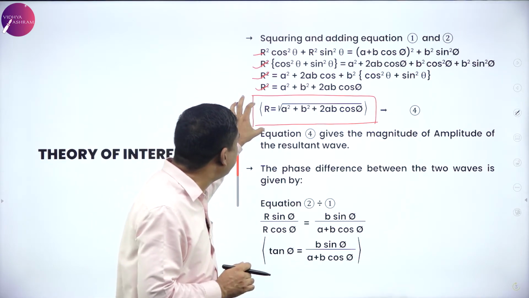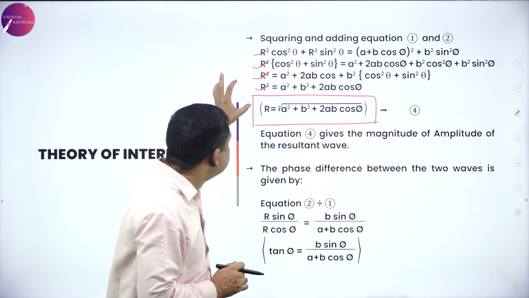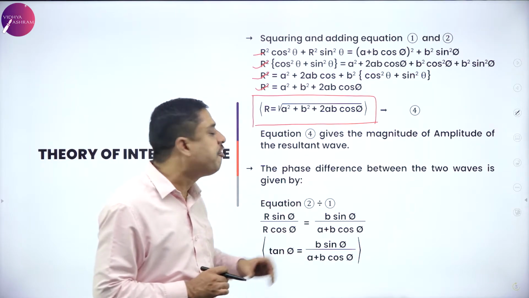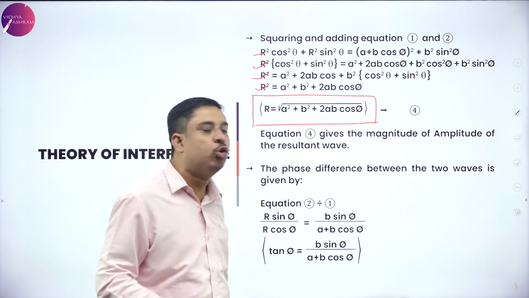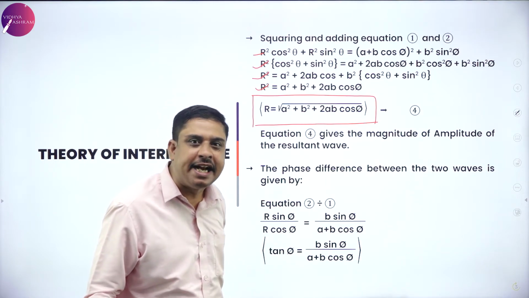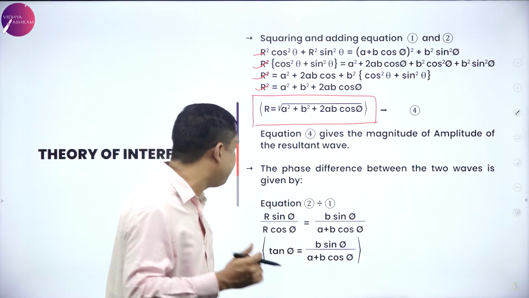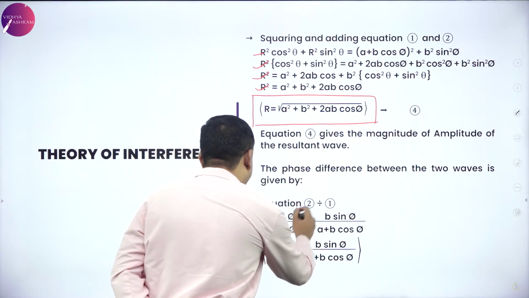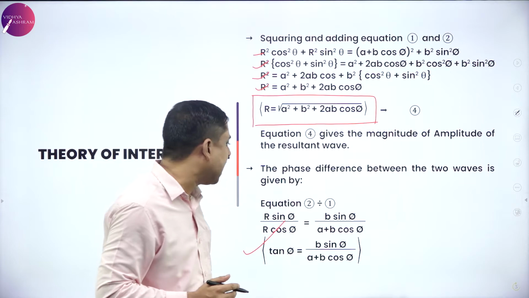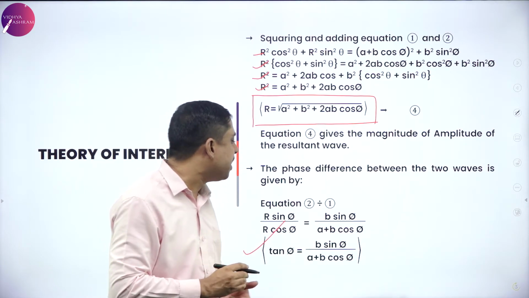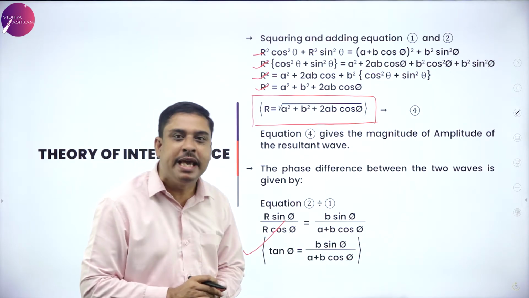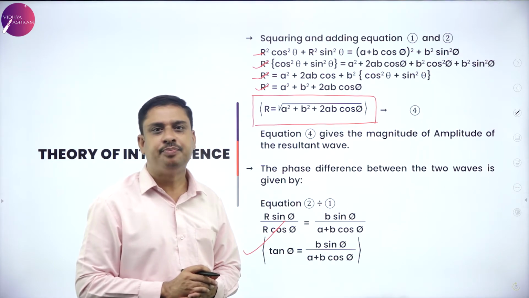So this expression gives the magnitude of the amplitude of the resultant wave, and the direction or the phase difference is tan phi equals b sin phi divided by a plus b cos phi.